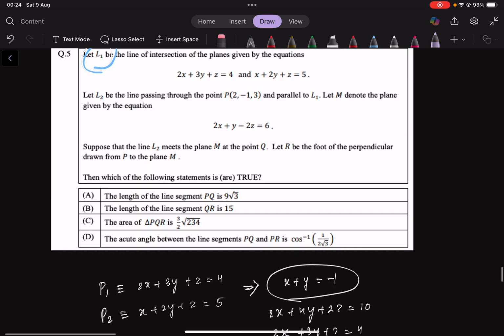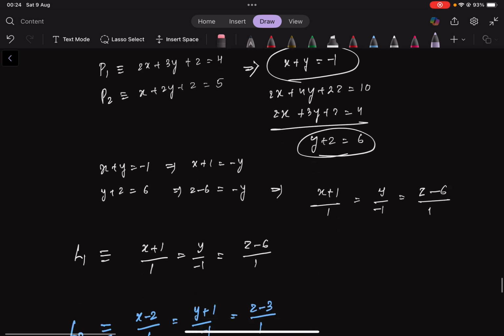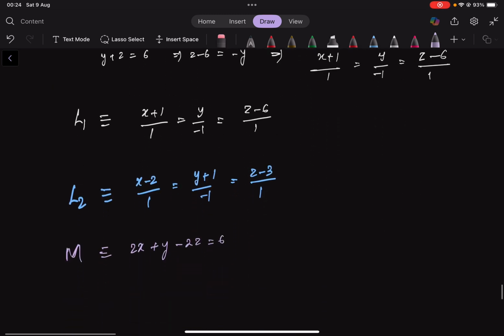They have given that line L2 meets plane M at Q. So if we consider any general point on L2, with some parameter k, x will be 2 plus k, y will be minus 1 minus k, and z will be 3 plus k.